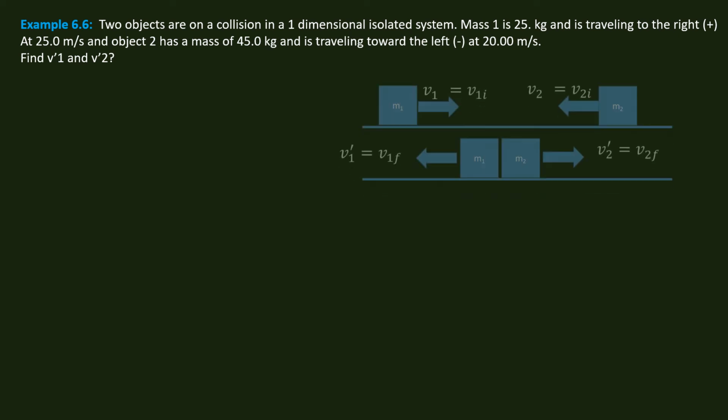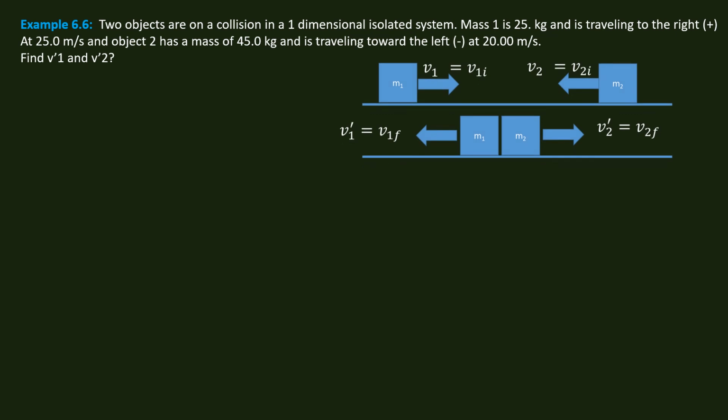So they gave us our velocities and our masses. What we don't know is what happens after the collision. This is before, and over here this is after, but we don't know what the primes are. These are after the collision.